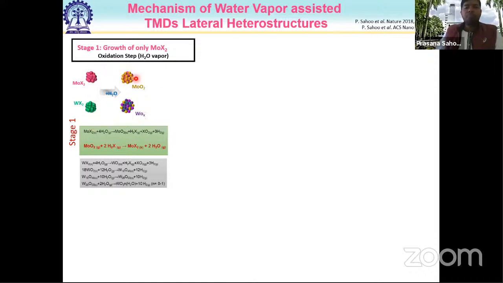For molybdenum, it forms molybdenum dioxide. For tungsten, it forms tungsten suboxides. You can see molybdenum comes directly as molybdenum dioxide, and then the molybdenum dioxide evaporates. This molybdenum dioxide is the substrate that contributes to the growth, interacting with the H2X and forming molybdenum disulfide again.